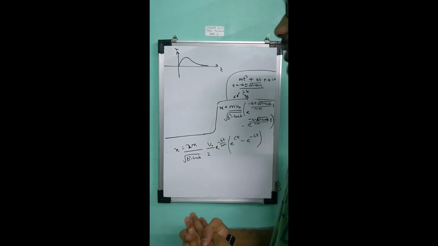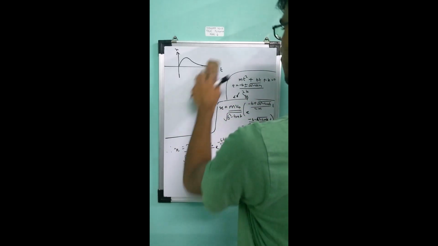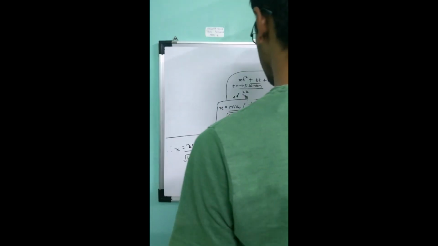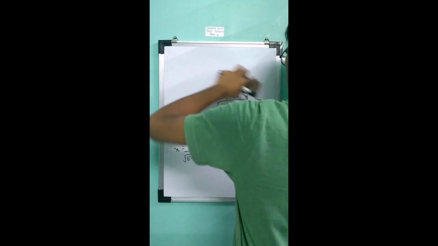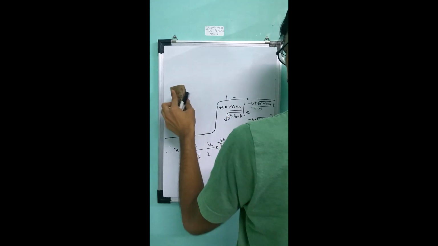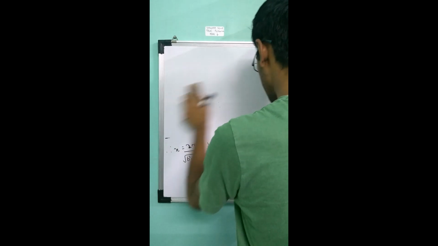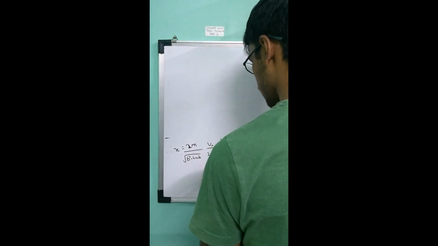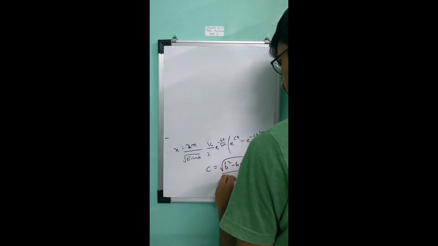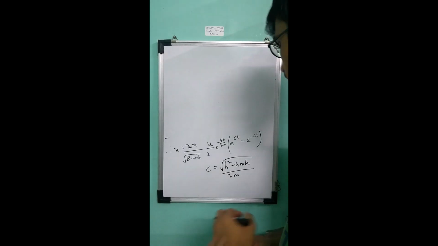How? I'll show you. What can I erase? I can erase this. And this is also not needed anymore. Right. So I only need this, where C is root b square minus 4mk by 2m. Instead of C, I'll write it in better terms.